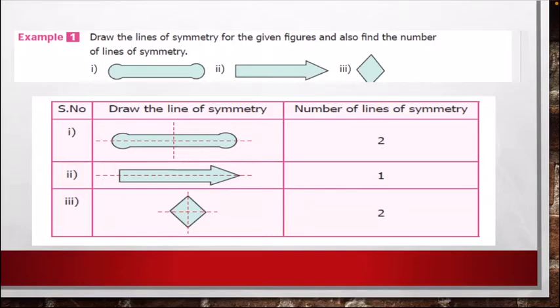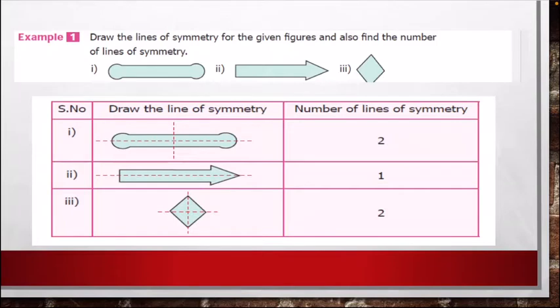If I give you the horizontal line of symmetry over there, will my other half be equal? Of course it is. And if I cut it along the vertical line of symmetry, is my other half equal there? Yes. So, how many lines of symmetry does it have? Yes, it has 2 lines of symmetry. So that is how the line of symmetry is drawn.